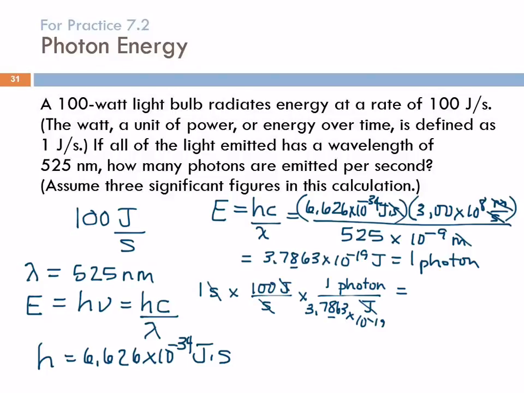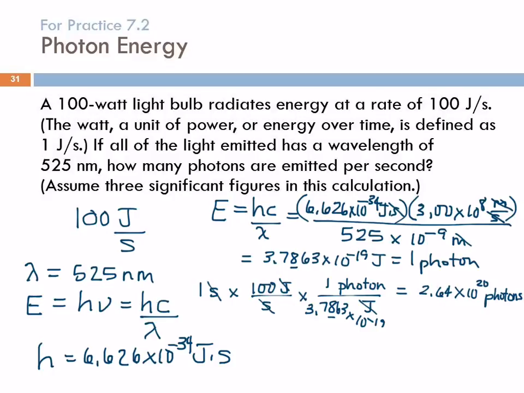And that's going to give me 2.64 times 10 to the 20th photons. That's a really big number. Is that reasonable? Is a big number like that okay? Yeah, it is, because a piece of light is really small.